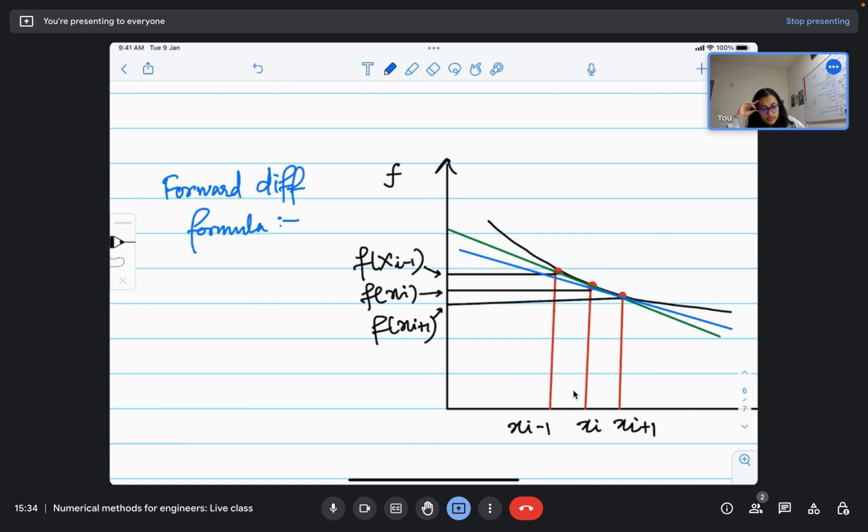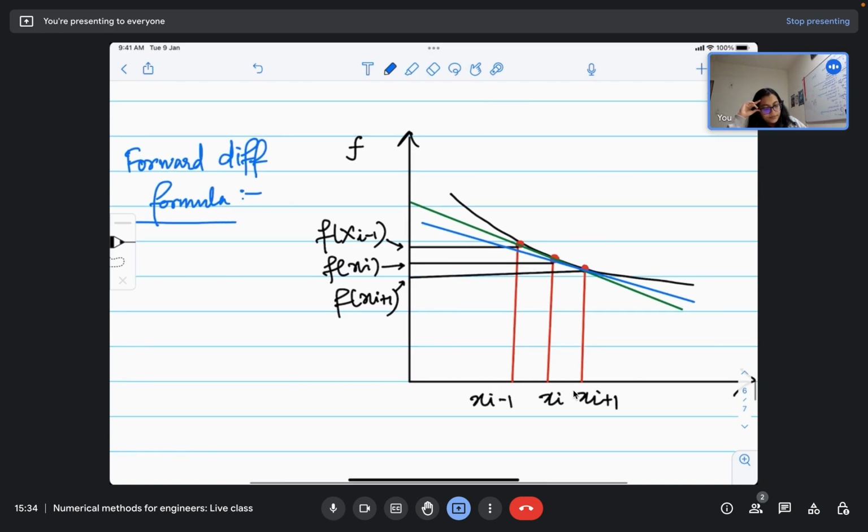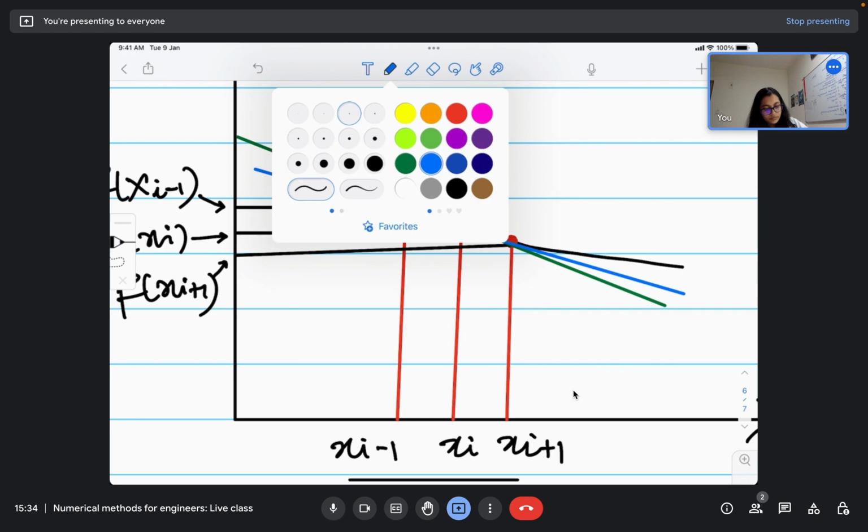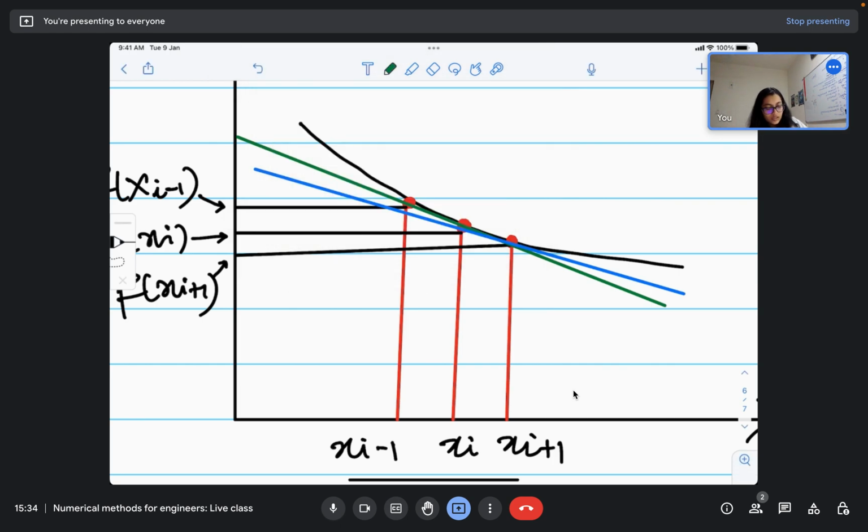In this case, we again take this particular green line, which is the tangent at the point xi, and we take two other points this time, which are xi, the point at which we are trying to find the derivative, and xi plus 1, which is the forward point, the next point as compared to xi.